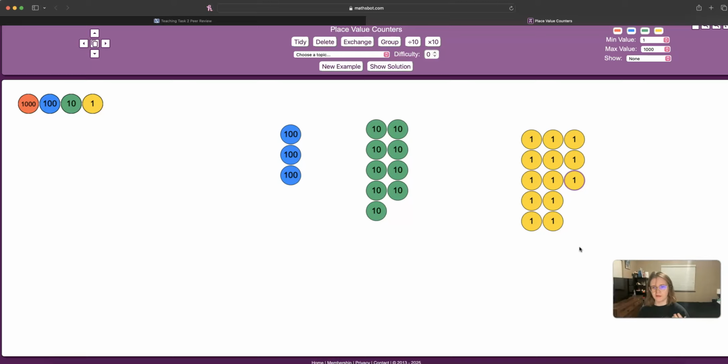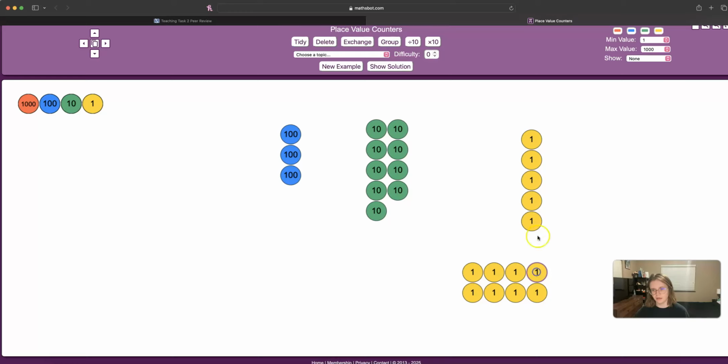So since we regrouped and we borrowed from the 100s to the 10s, and we were able to take a 10 to turn it into 10 ones, we are now able to do 13 minus 9. So we're going to take 9 ones, 1, 2, 3, 4, 5, 6, 7, 8, 9.